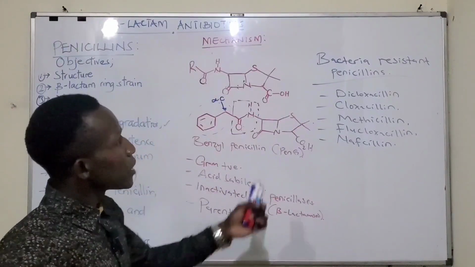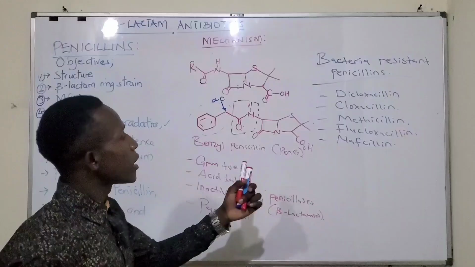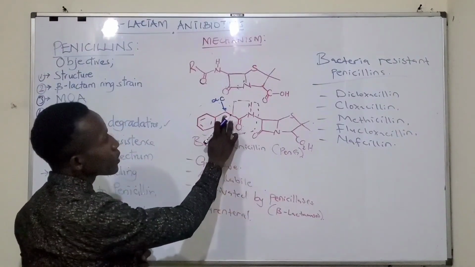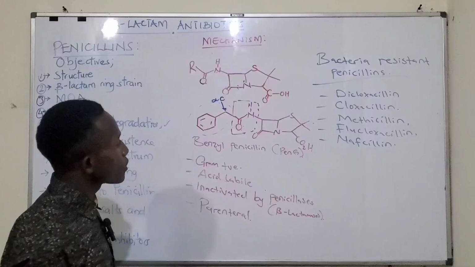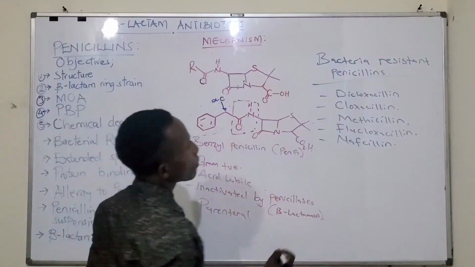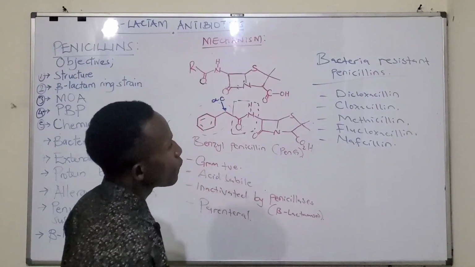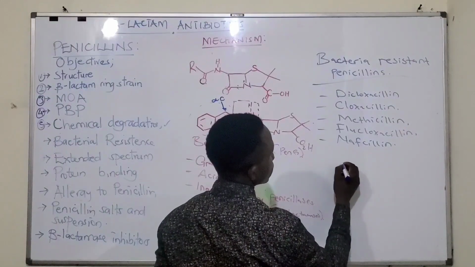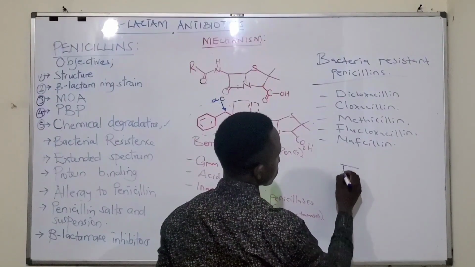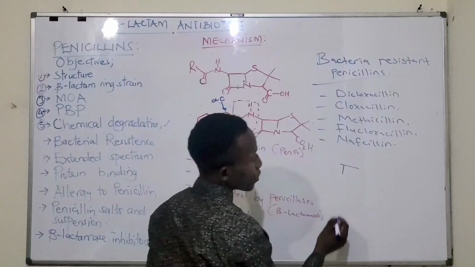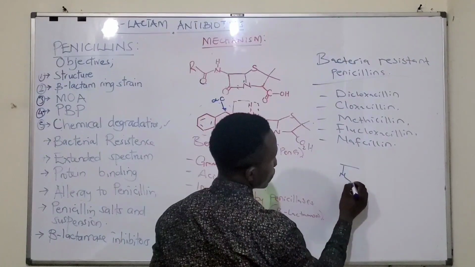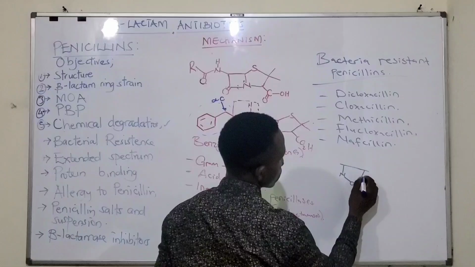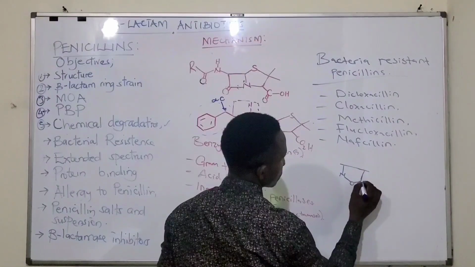So those penicillins are not degraded by the beta-lactamase because the alpha carbon is part of the ring structure. This alpha carbon. Let's take an example of dicloxacillin. It has isoxazole here.